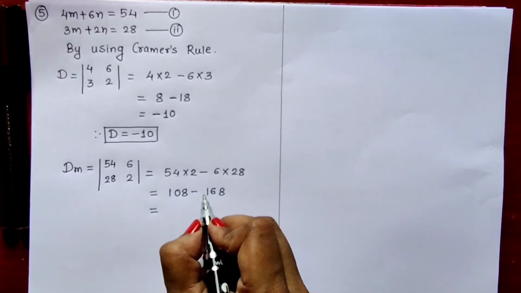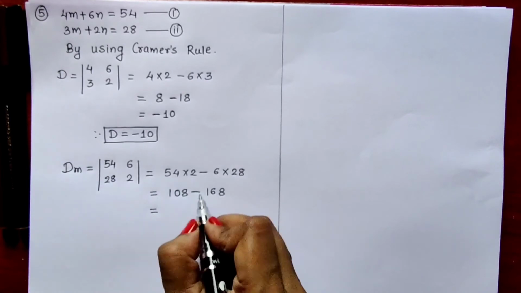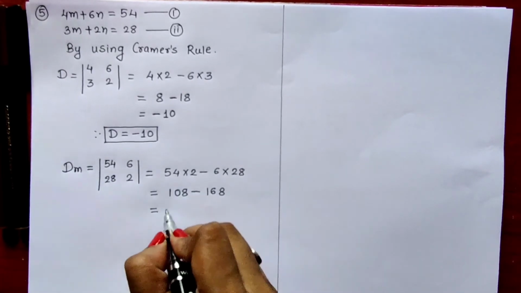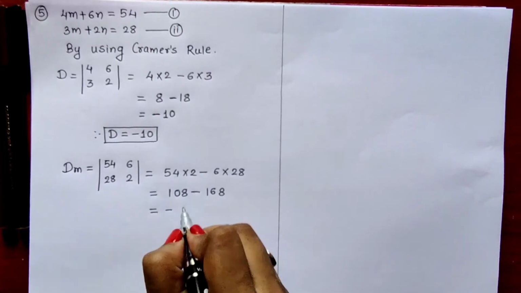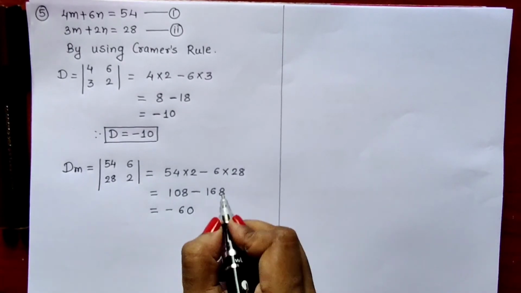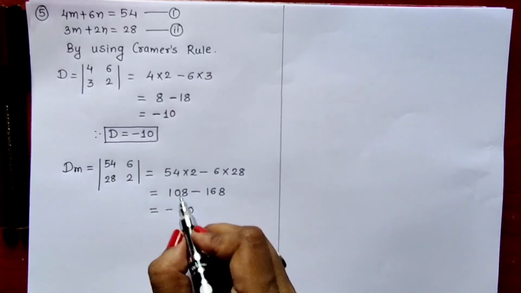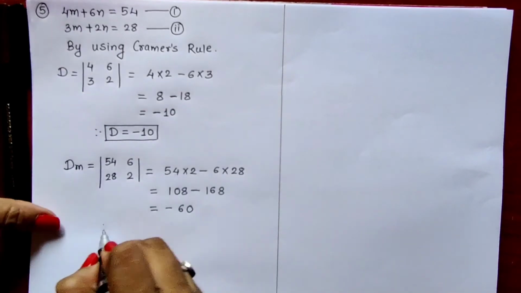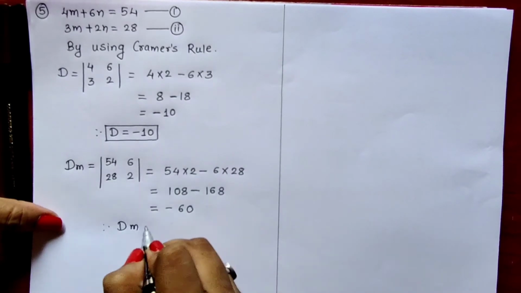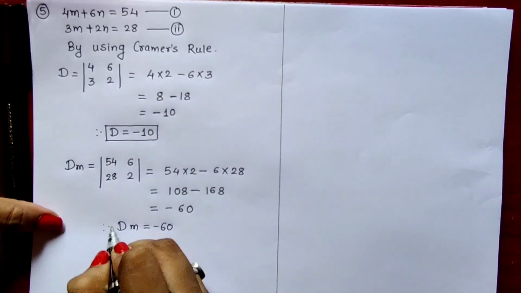So 108 minus 168, plus minus will become minus, sign of bigger number will be minus, okay, and 168 minus 108 will be 60. 8 minus 8 is 0, 6 minus 0 is 6, and 1 minus 1 is 0, so answer is minus 60, and therefore dm is equal to minus 60.